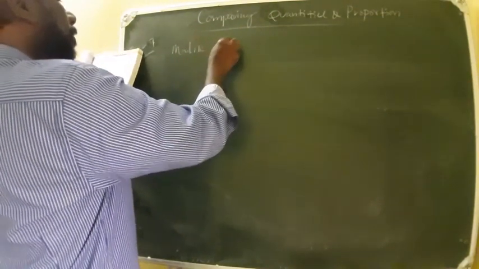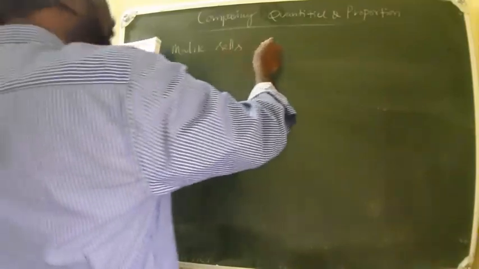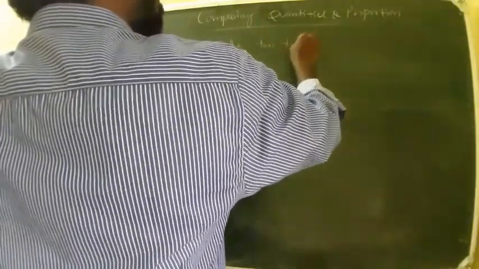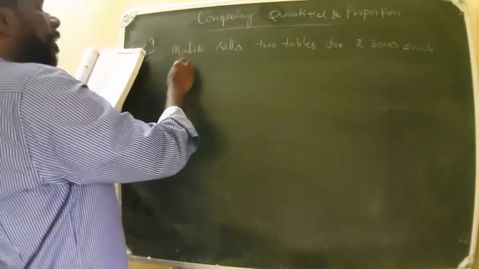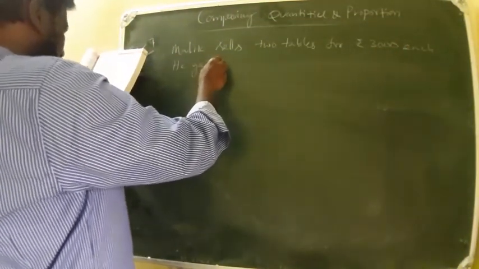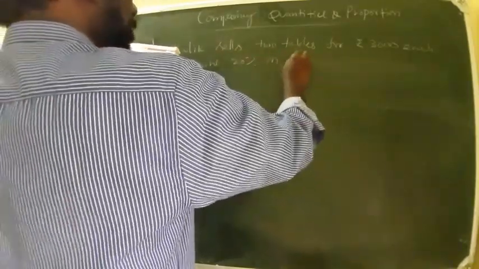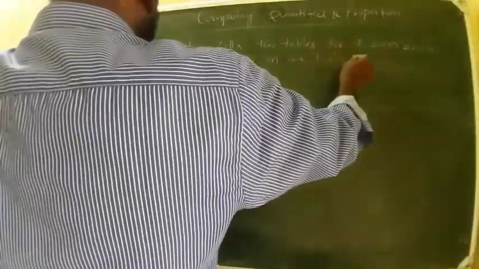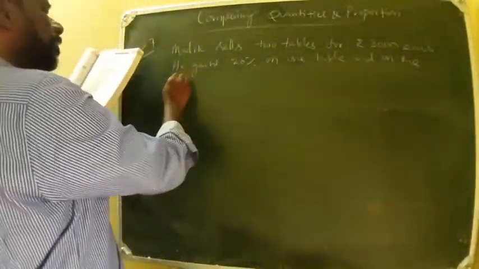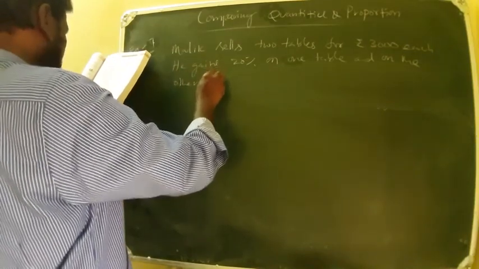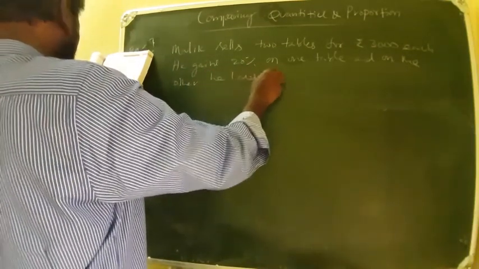Malik sells 2 tables for rupees 3000 each. He gains 20% on one table and on the other he loses 20%.